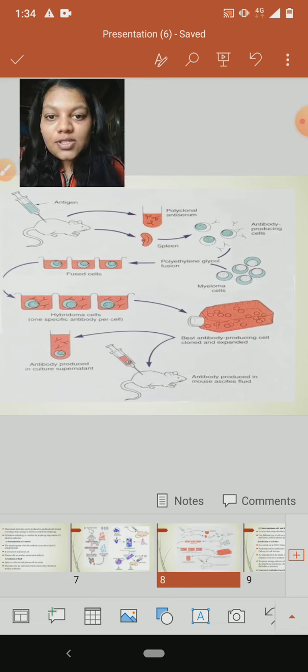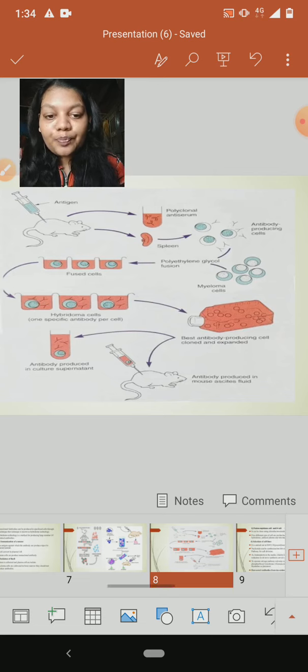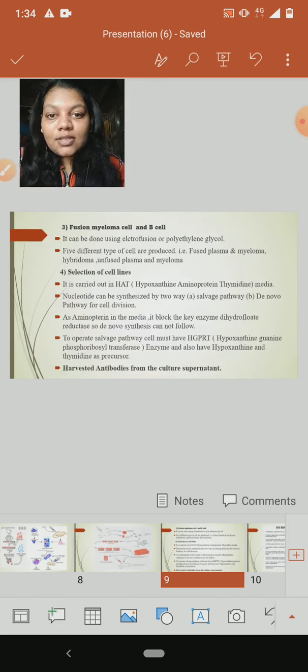Fused hybridoma cells are produced, and antibody is produced in culture supernatant and in mouse ascitic fluid. The fusion of myeloma cells and B cells can be done using electrofusion or polyethylene glycol. We used polyethylene glycol.